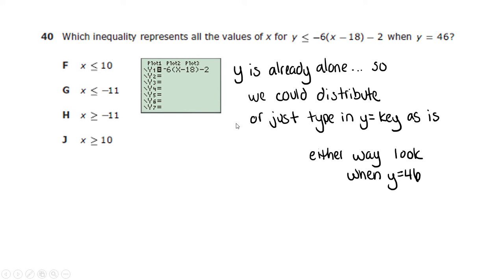But if that bothers you the way that it is, you could distribute: -6 times x is -6x, -6 times -18 is plus 108, then subtract 2, they're like terms, to be 106. If you were to type this into your y equals key, you would have the same answers as this. Now, either way, we need to look for when y equals 46. And then we need to remember that we're dealing with an inequality, and sometimes with inequalities we have to flip the symbol. That is it for your hints.